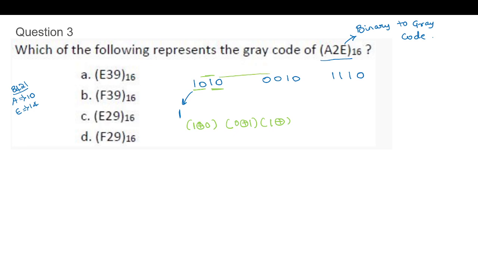The next will be this and this, 0 XOR 0. Then this, 0 XOR 0.